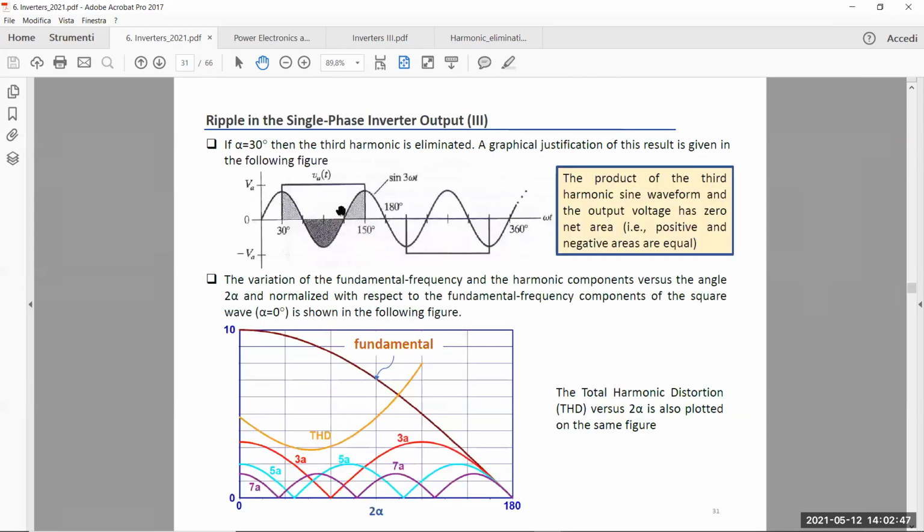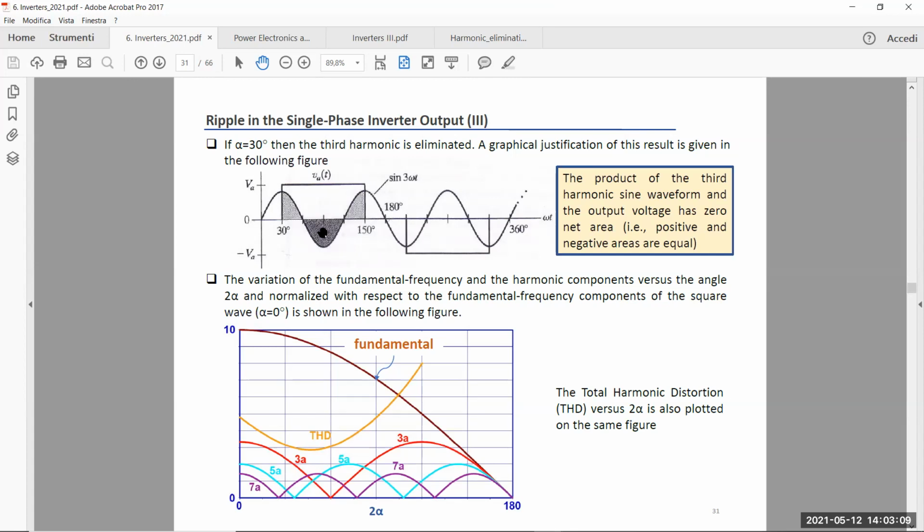If I have alpha equal to 30 degrees, my waveform is 0 before 30 degrees, and then V naught goes to VD, and then I have 60 degrees of zero waveform around 180 here.